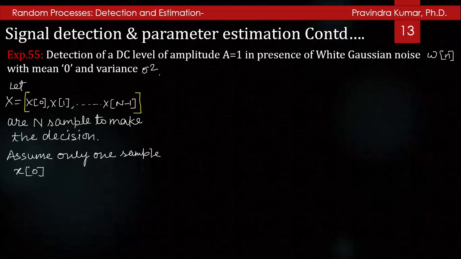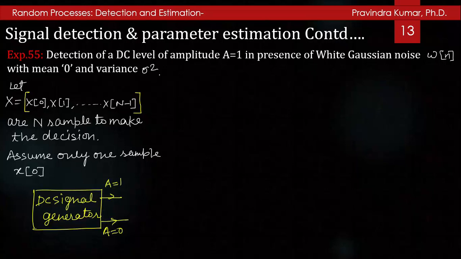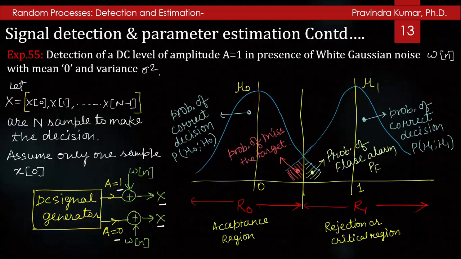Now formulate this problem. This is the DC signal generator, and it generates A equal to 1 and A equal to 0. In the presence of noise, when the signal is present, that is, the DC level is present, there is noise and we receive this X. When the signal is not present, meaning A is equal to 0, we receive this value of X in the presence of noise. So we can map this PDF into two hypothesis PDFs.